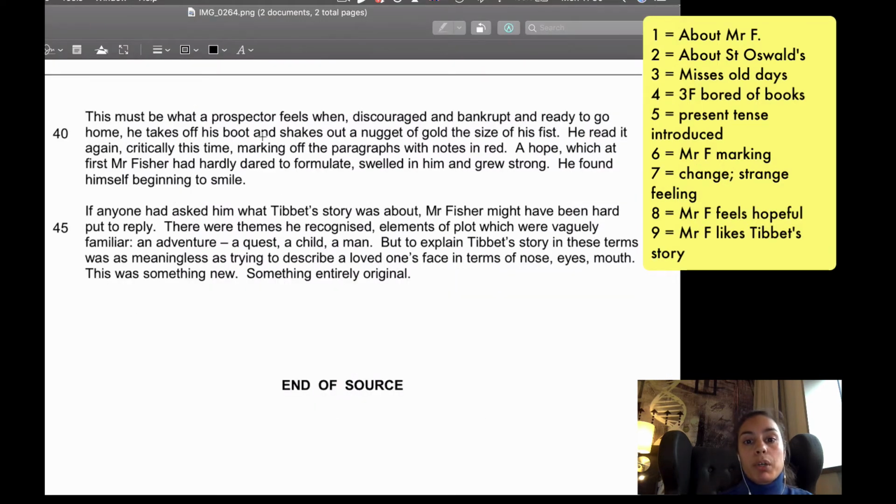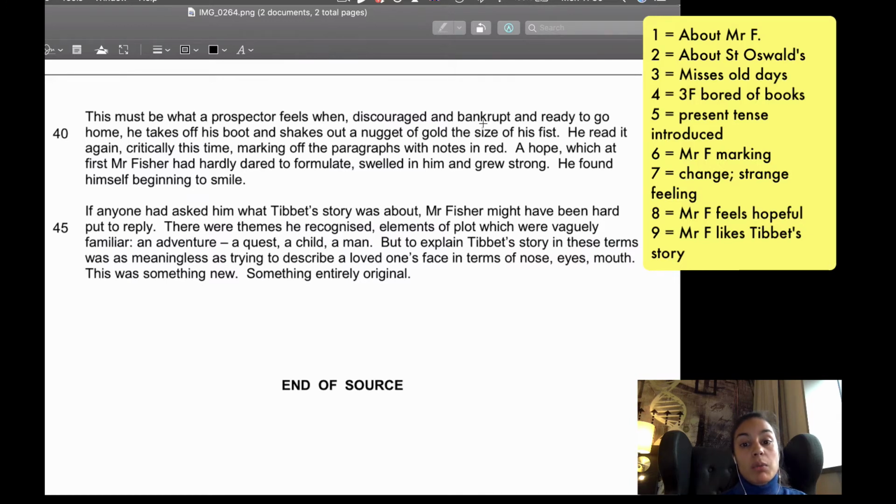This must be what a prospector feels when, discouraged and bankrupt and ready to go home, he takes off his boots and shakes out a nugget of gold the size of his fist. He read it again, critically this time, marking off the paragraphs with notes in red. A hope, which at first Mr. Fisher had hardly dared to formulate, swelled in him and grew strong. He found himself beginning to smile.